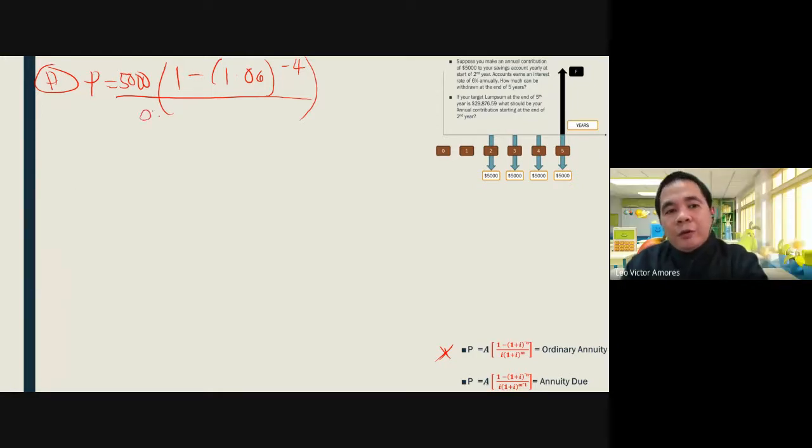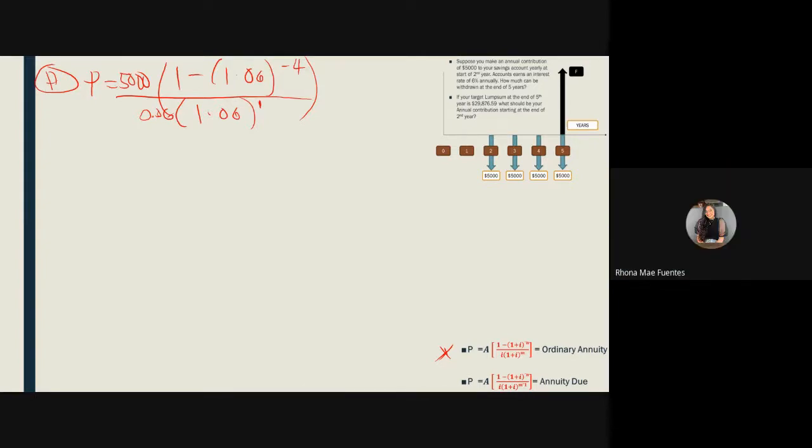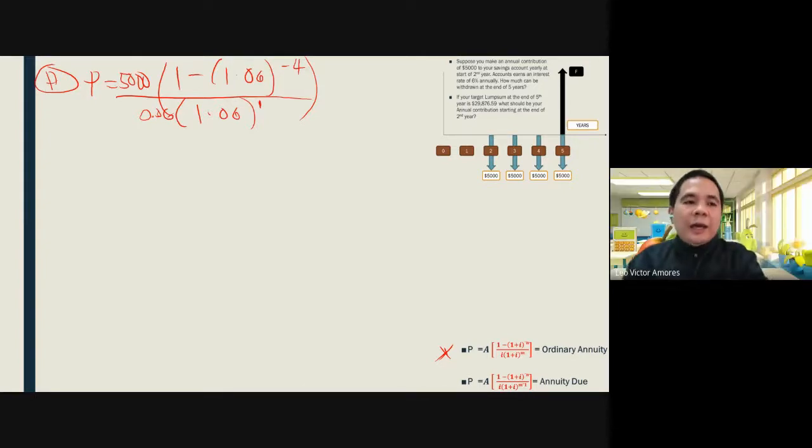This is 0.06 multiplied by 1.06 to the exponent M. How many years without payment using the ordinary annuity? 1. Right? Yes, sir. So what is the present value of your amount?